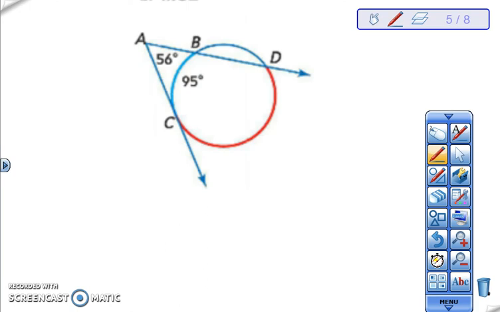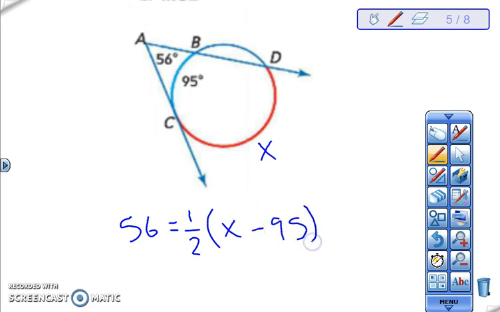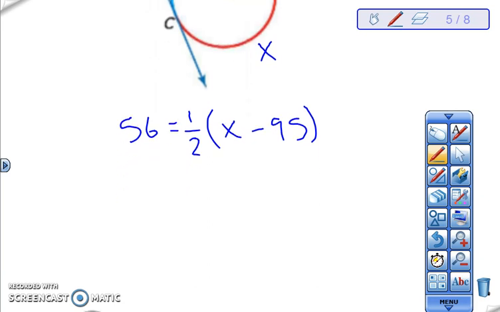All right, so this time we're looking for the arc from C to D. Again, the angle's on the outside. So the angle equals 1/2 of the big arc minus the little arc. And be careful here, right? The order that you place these matters.